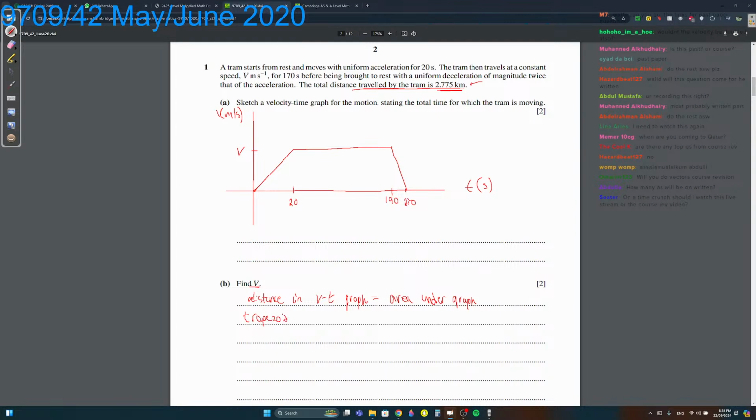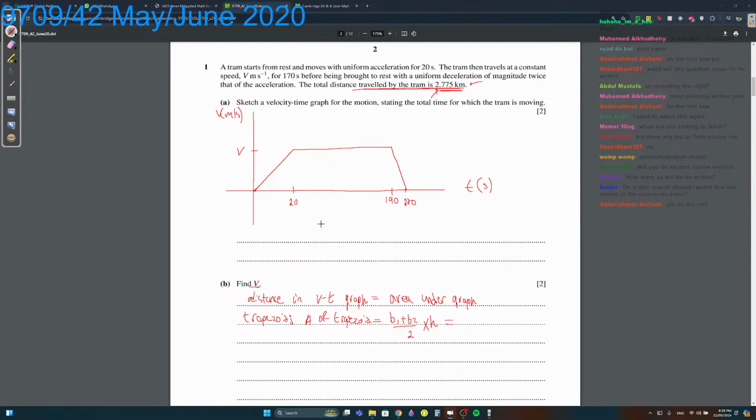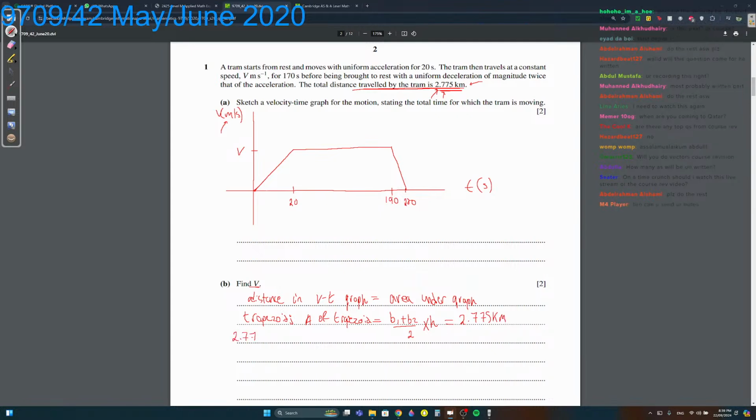The area of a trapezoid equals base 1 plus base 2 over 2 times the height, right? We know that the distance is 2.775 kilometers. But now we're solving in meters per second, so we change this: 2.775 kilometers equals 2,775 meters.